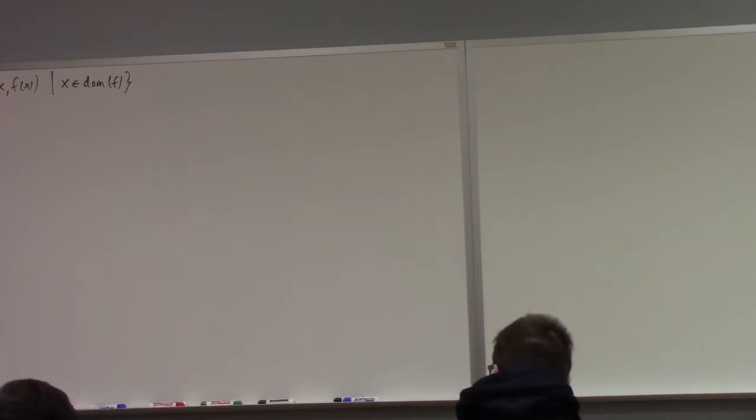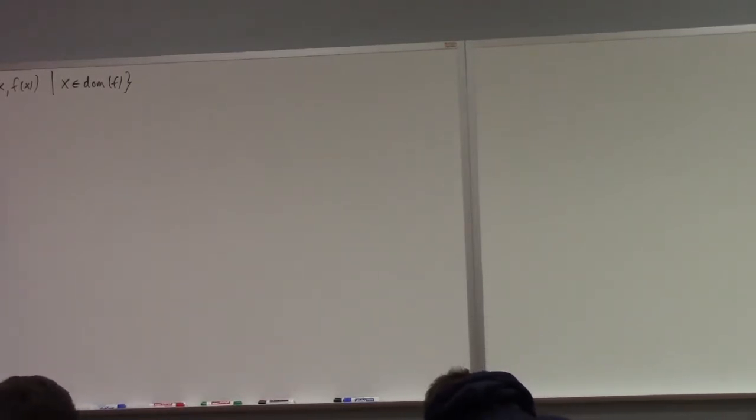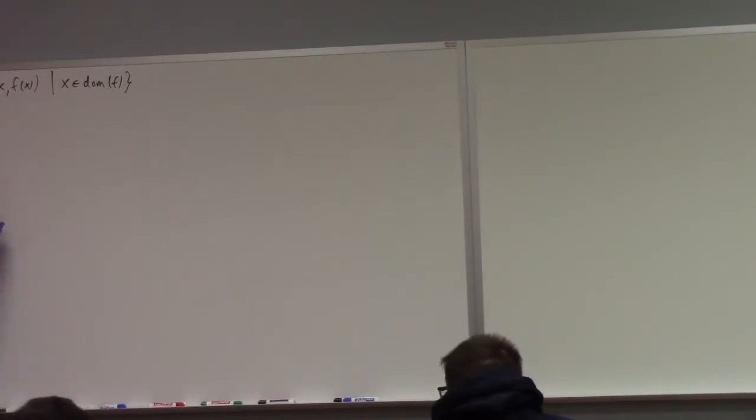We can use x equals t and y equals f of t for t in the domain of f. This will be a parameterization of a graph. In other words, we can use the x-coordinate as the parameter for a graph.